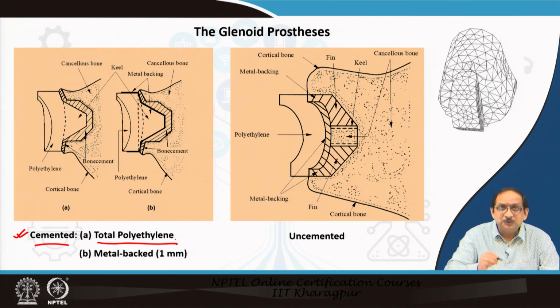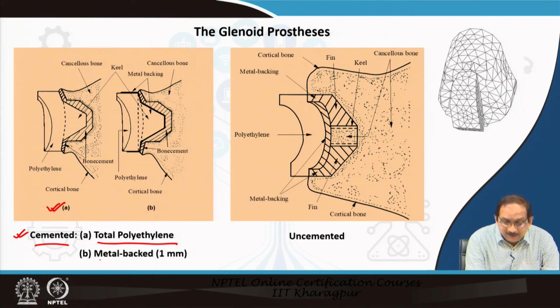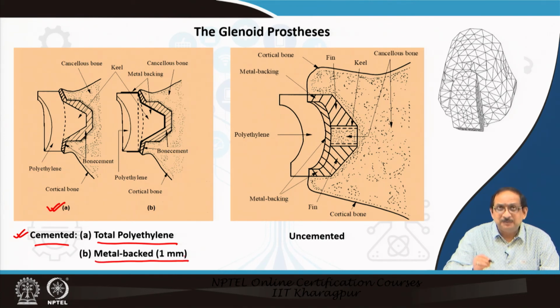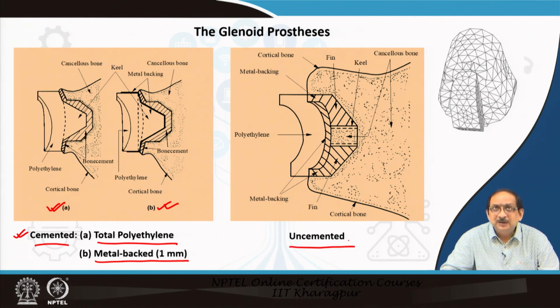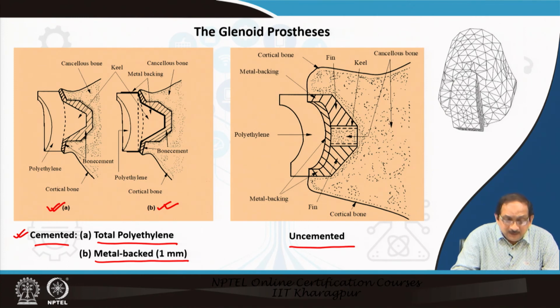It can be a total polyethylene prosthesis, which is indicated by figure A, and there may be a metal backed polyethylene design, which is indicated in figure B. On the right, we have an uncemented design of the glenoid prosthesis. Now, let us go one by one.